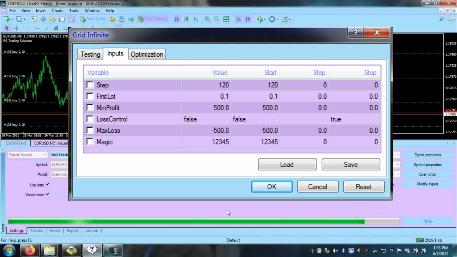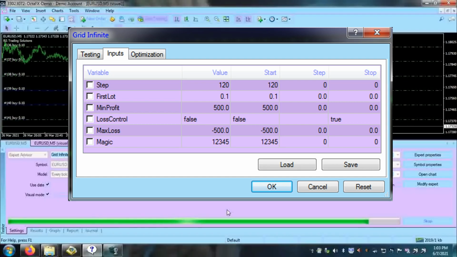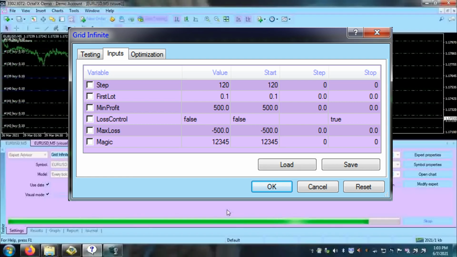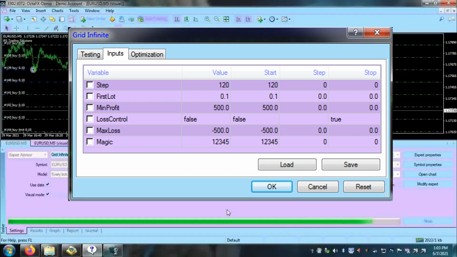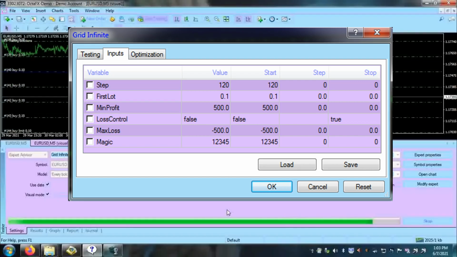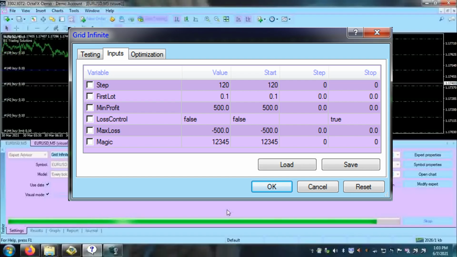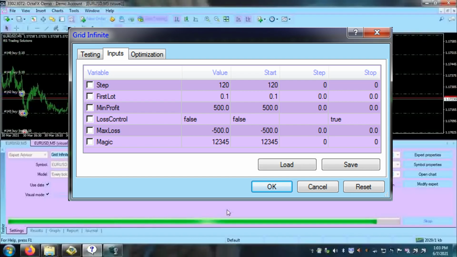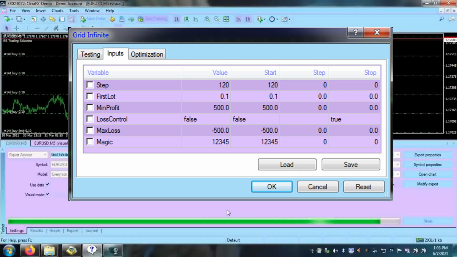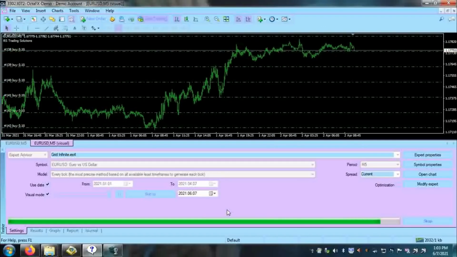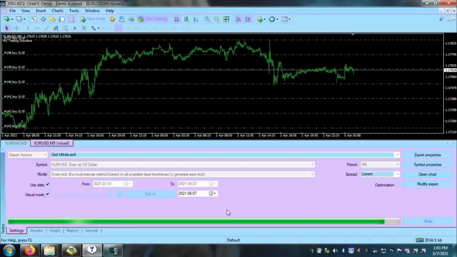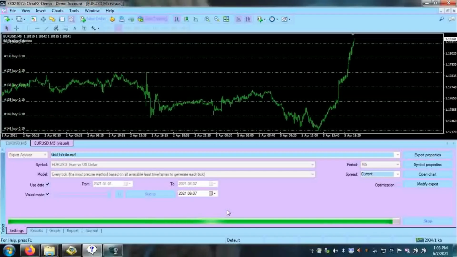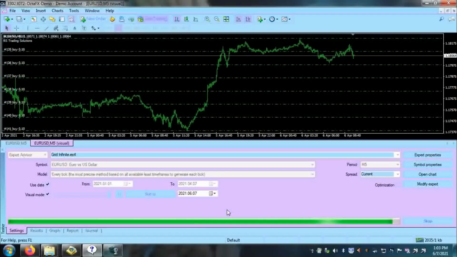If you want to lose a maximum of $200, you select loss control as true and select $200 as the maximum loss. For this backtesting, I have not selected true. I have selected this as false. And the final one is the magic number. The magic number is nothing but the ID of the orders placed by the expert advisor.